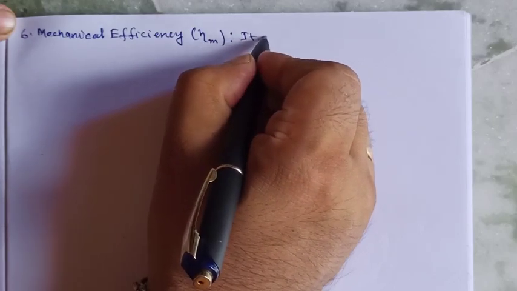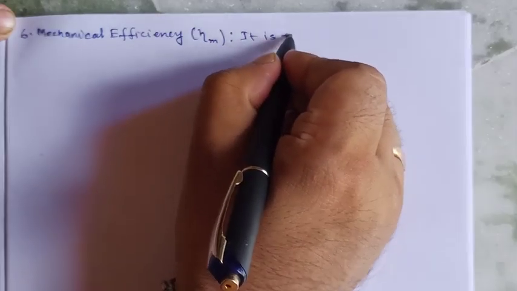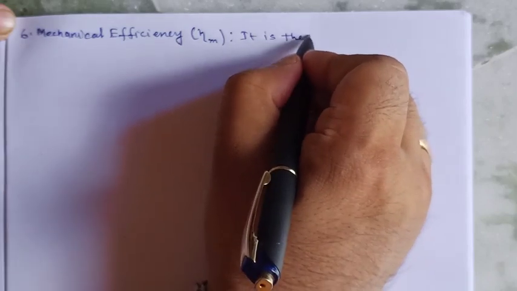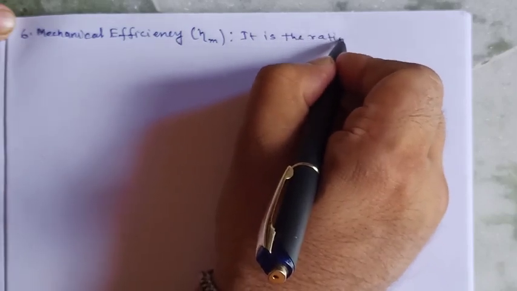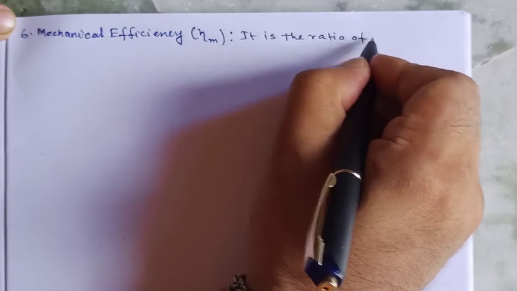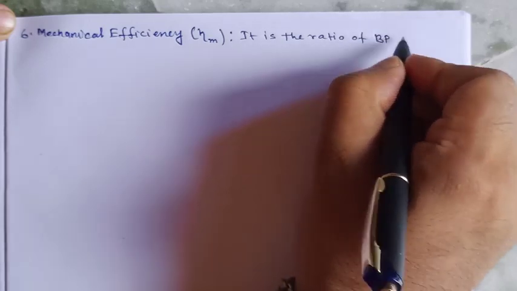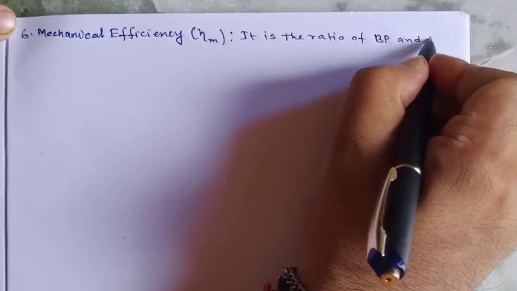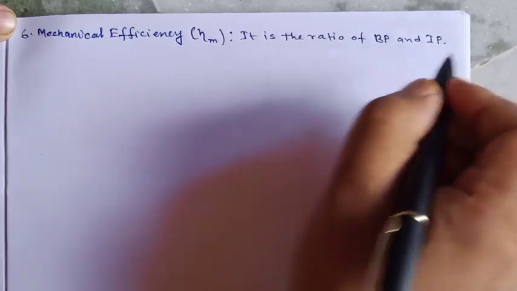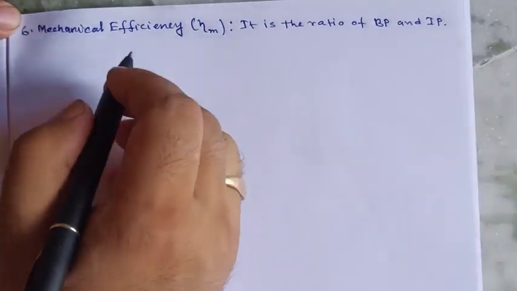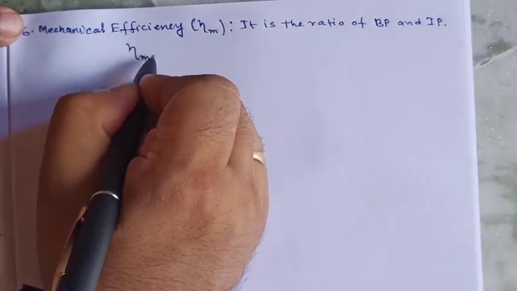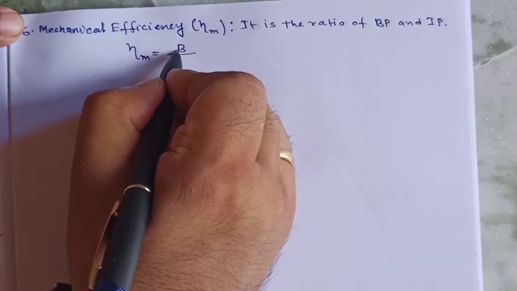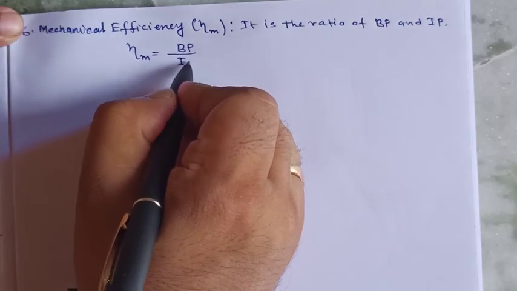It is the ratio of BP and IP. Okay, so eta m equals BP by IP.